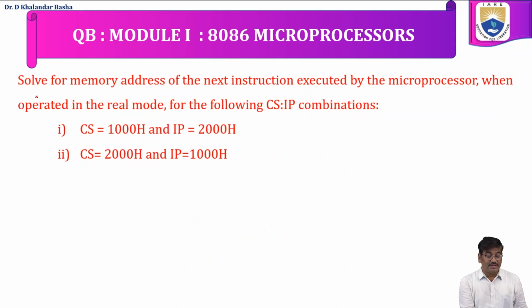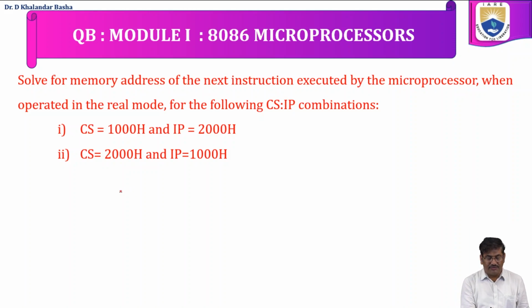Next problem. Solve for the memory address of the next instruction executed by the microprocessor when operated in real mode. The following are CS and IP combinations. Here we need to fetch the address of the subsequent instructions, where in the problem they are given with the code segment register and instruction pointer.